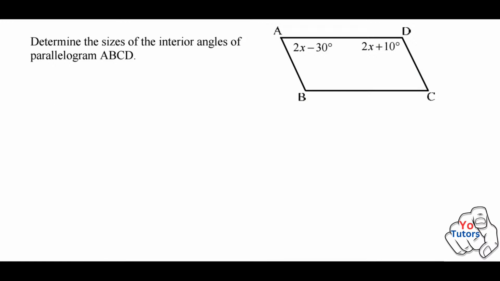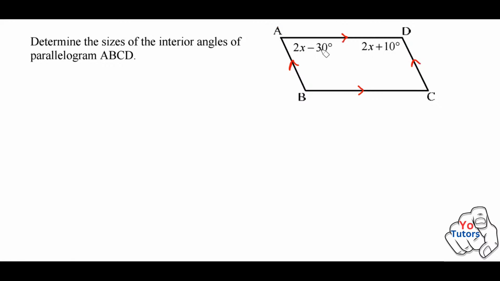In the first question, we are asked to determine the size of the interior angles of parallelogram ABCD. When we are told that it is a parallelogram, we know that opposite sides are parallel.